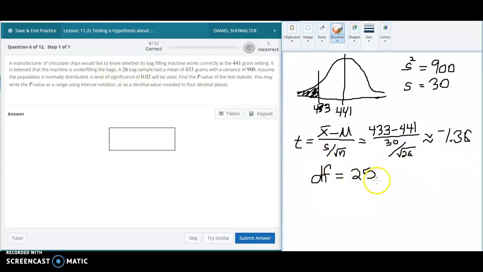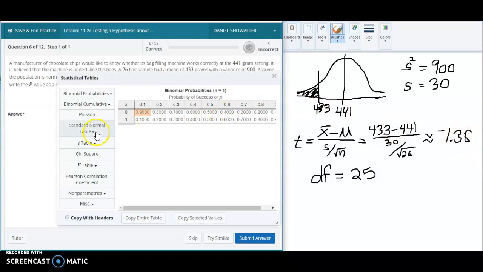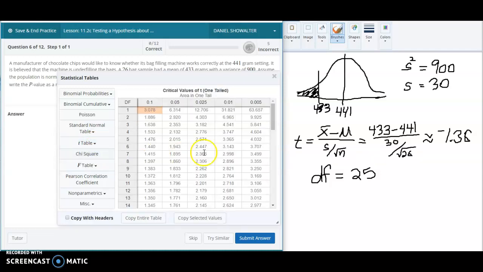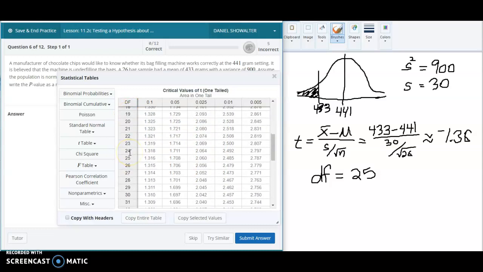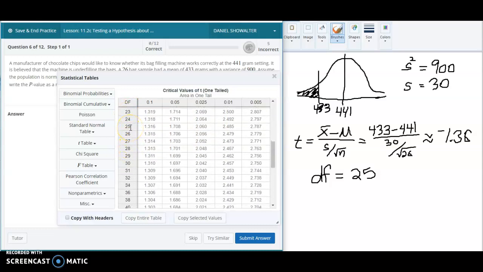Okay, so how do we use this information of 25 and negative 1.36 on the tables? We do want to go to a t-table, and let's do area in one tail because we're talking about this left-tailed test here. And we know that our degrees of freedom is 25.